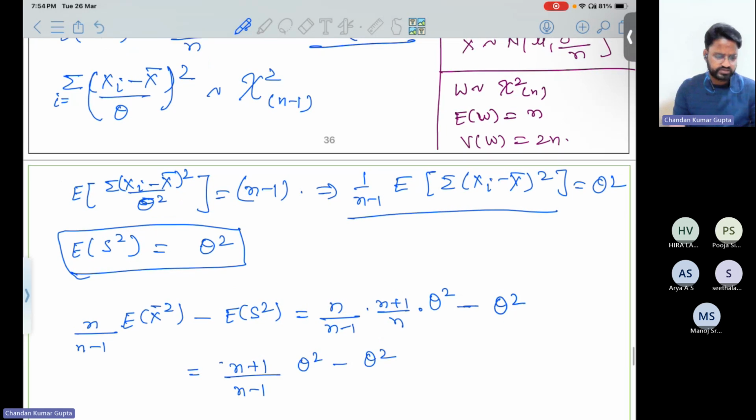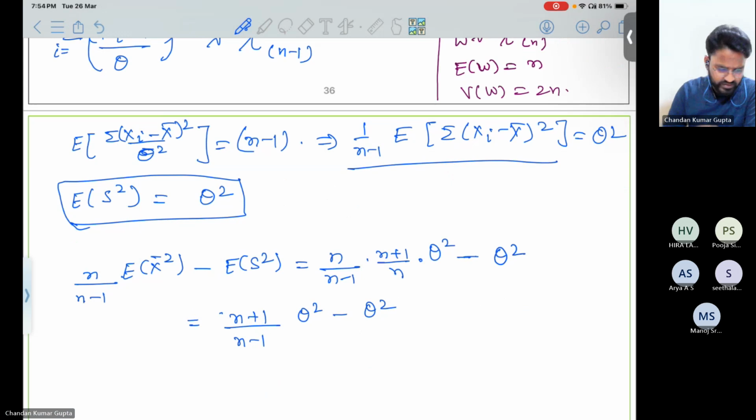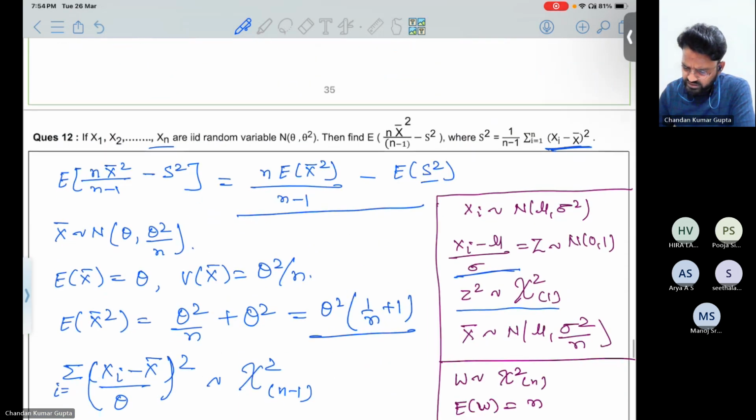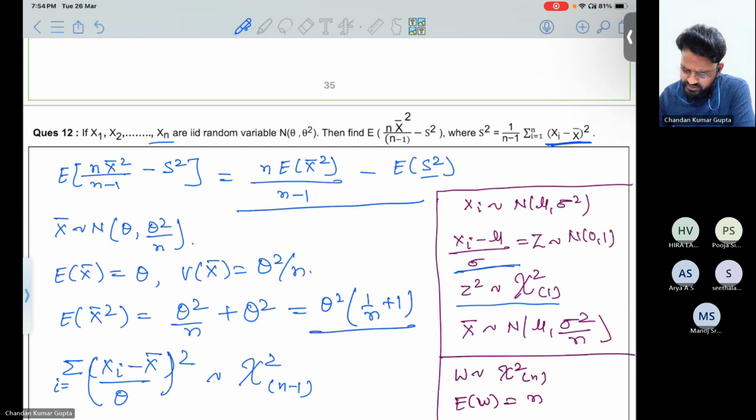Here is some mistake. Find the value of this. I think this is the answer actually.